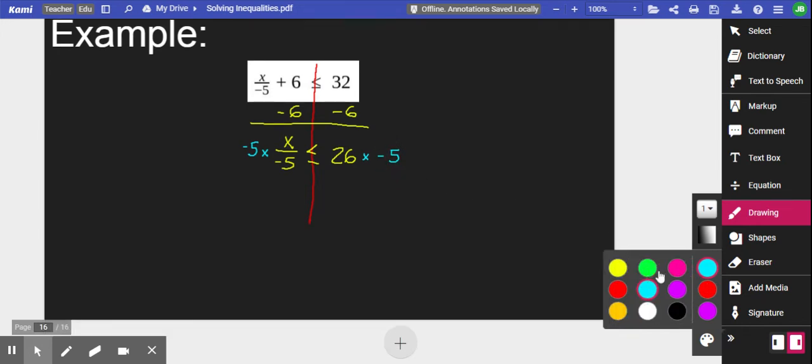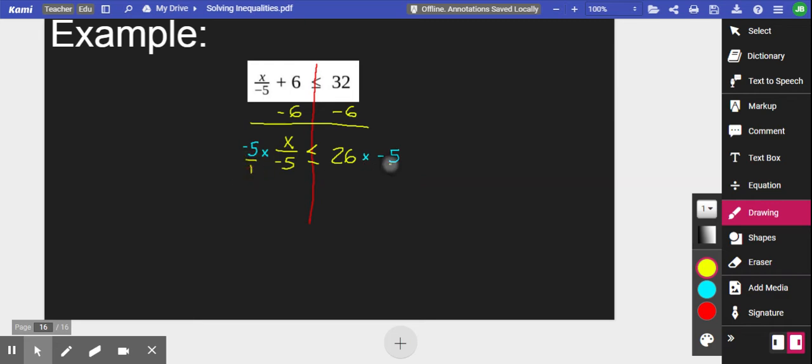And in doing so, negative 5 is going to cause a 1 to develop here, because we have a negative 5 technically over 1 being multiplied, and these are going to cross simplify to 1s. So we're just going to be left with x on the left-hand side. And on the right-hand side, we have a positive times a negative, which we have said is going to be negative.